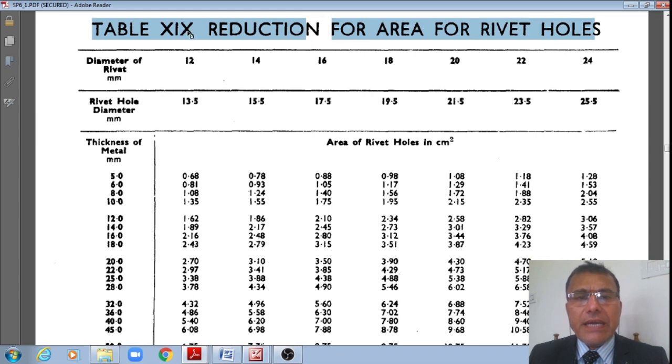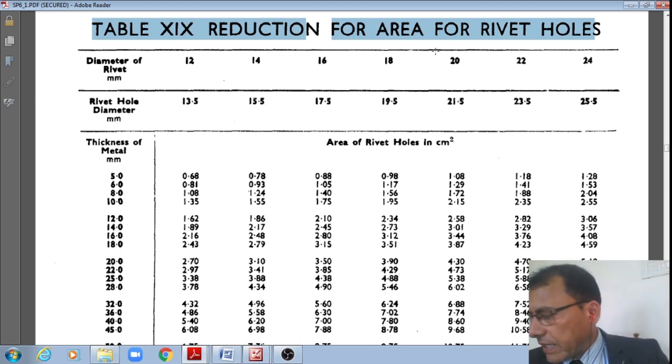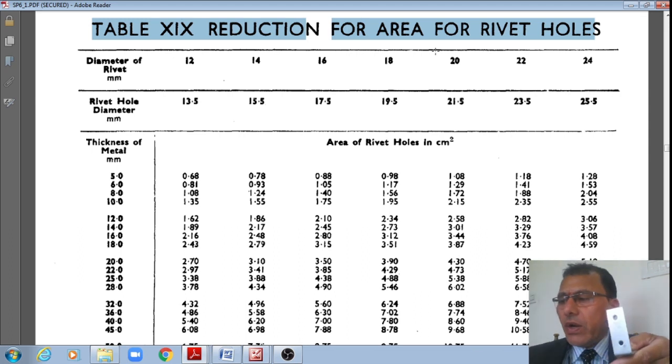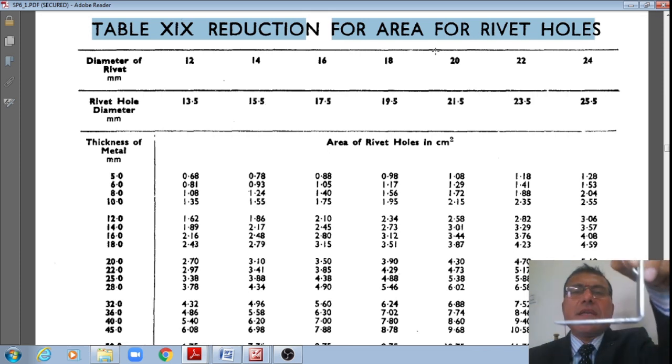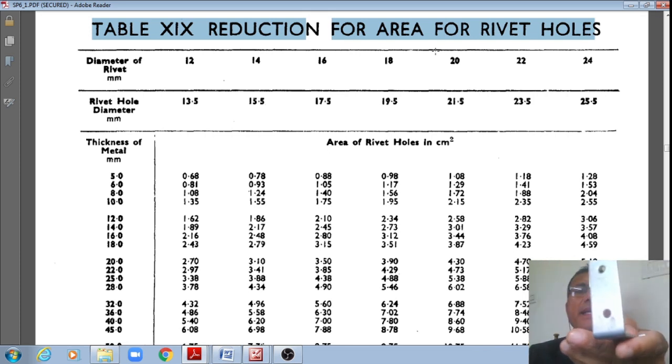If I have a hole for the rivet like this, now I am showing an angle section with two holes in the connected leg.